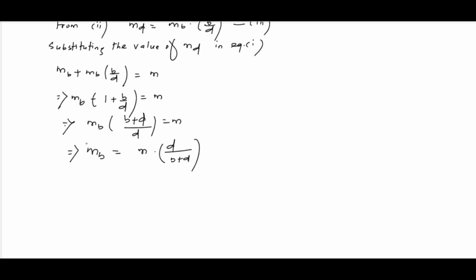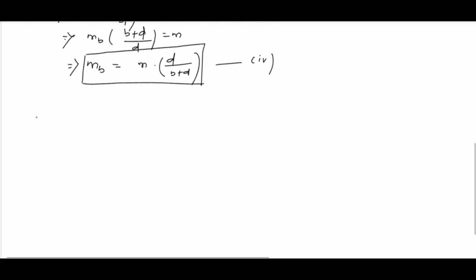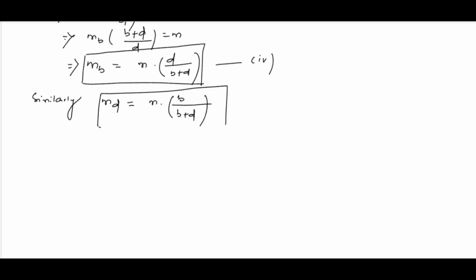Let's say this is our equation 4. Similarly, I can express MD as M times b divided by (b plus d). Let's say this is equation 5.